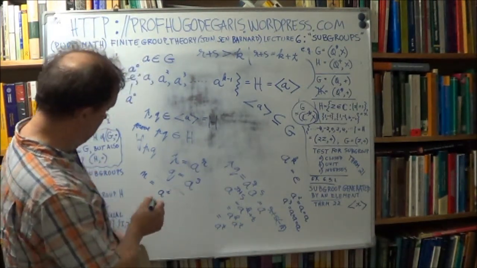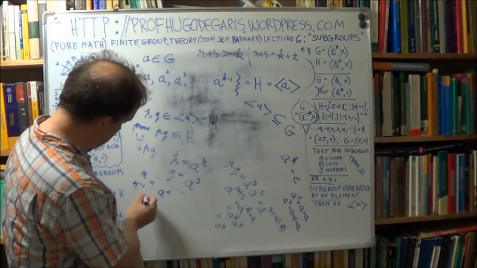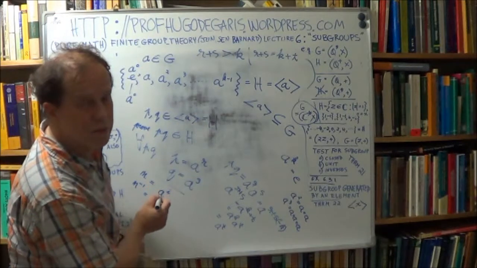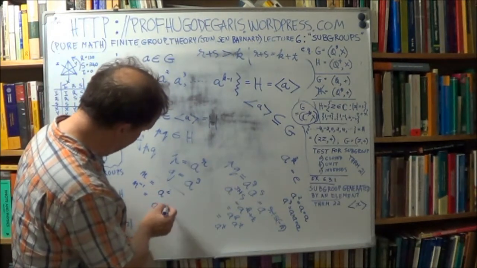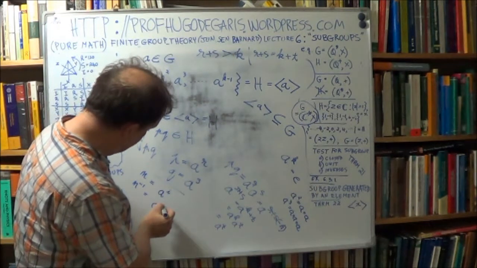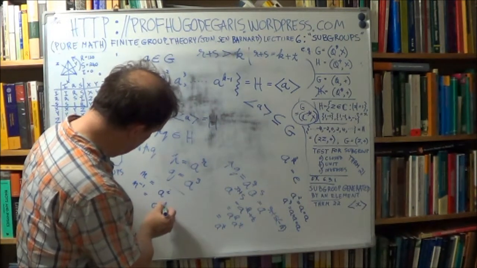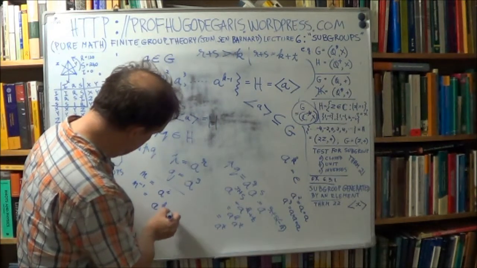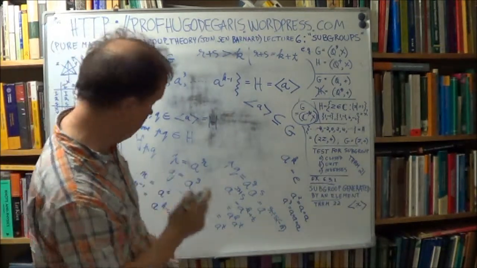Now the inverse, I'll just throw this at you. Maybe it's not quite so obvious, but let's say the inverse will be of the form A to the K minus I. Can you see where I'm going with this?